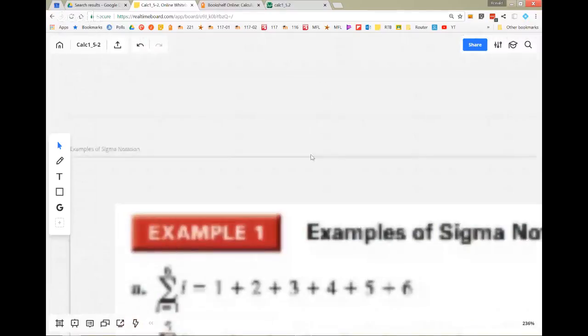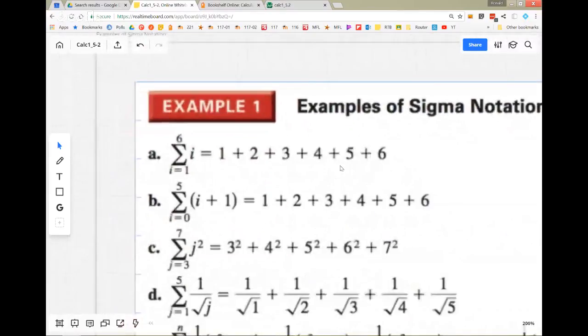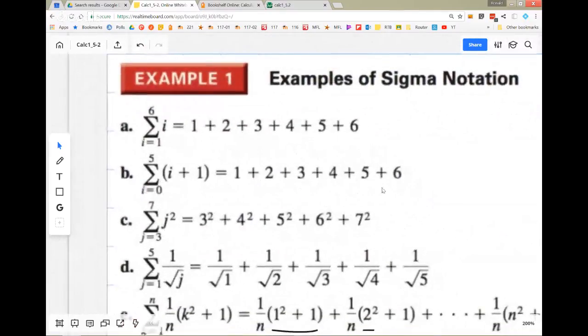So let's take a look at some examples of sigma notation. The top one says, starting at 1 and going to 6, add up all the numbers. So the first time i is 1, second time i is 2, i is 3, all the way. So add up the first 6 numbers.